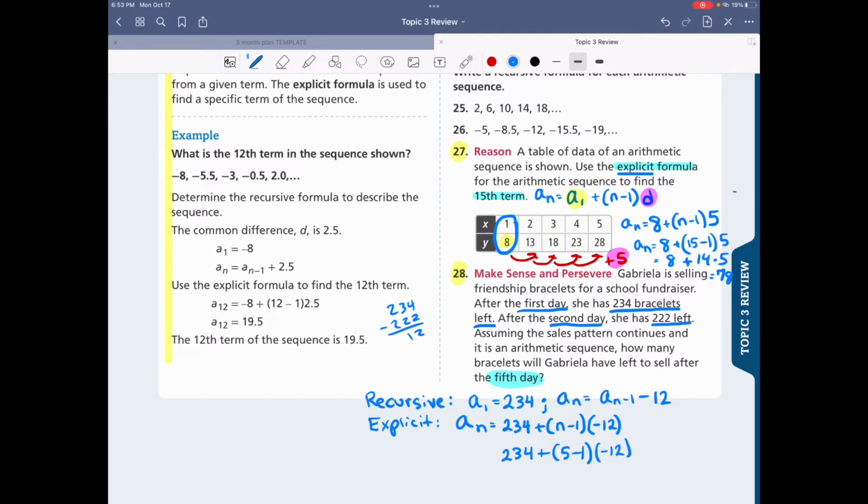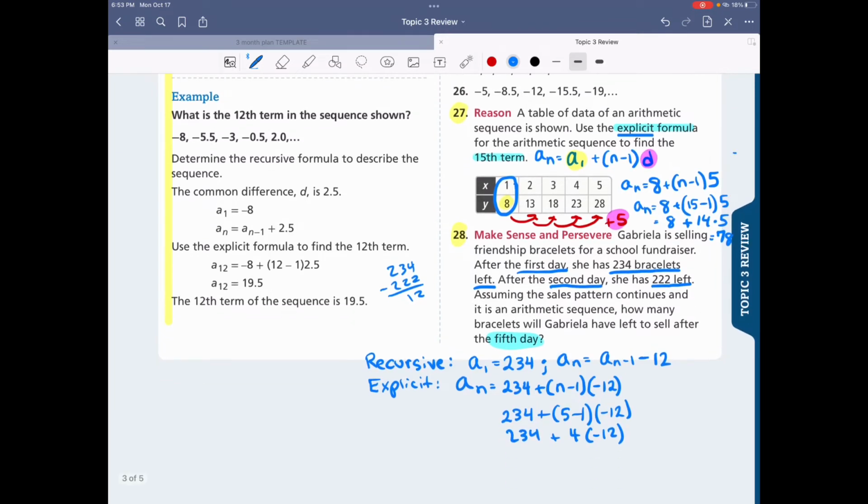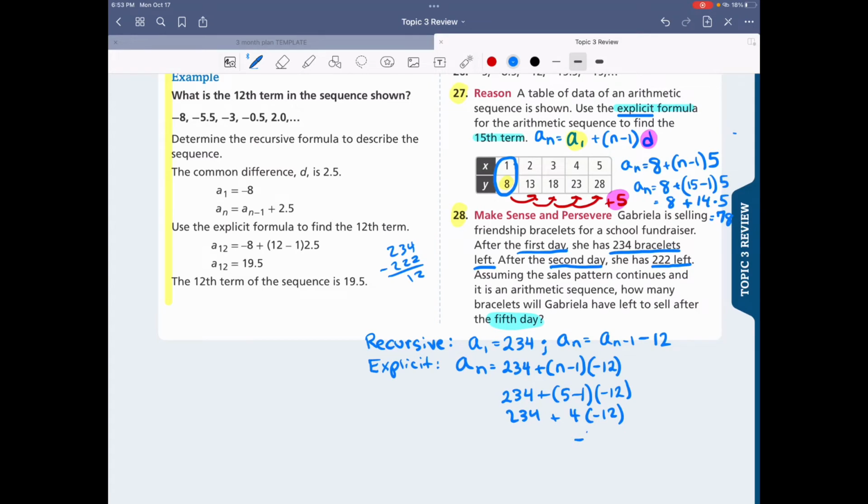So 5 minus 1 is 4, and 4 times negative 12, I'll just write it out for you. 4 times negative 12 is negative 48, and we have 234 plus negative 48. Since we have a positive and a negative number, we need to subtract those. So I'm going to do my scratch over here to subtract 48.